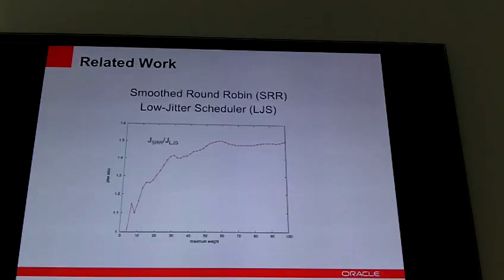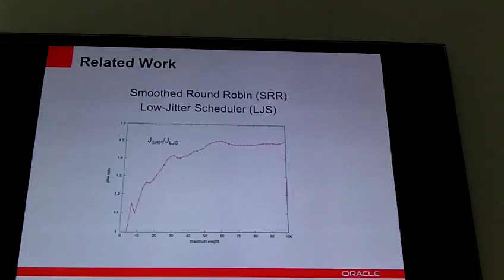So this graph shows the jitter ratio when comparing SRR and LJS. On the y-axis, I show the jitter ratio for these two algorithms, and on the x-axis, I show the jitter as a function of the maximum weight, where maximum weight is the sum of the weights of the flows. For this simulation, we looked at merging two flows.